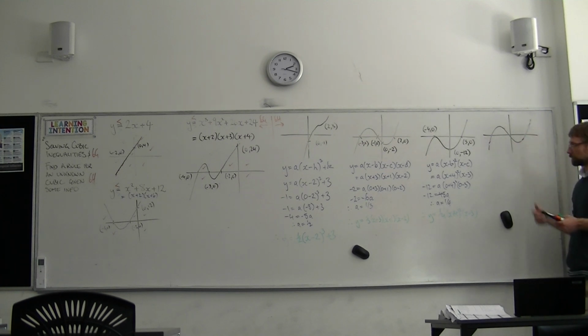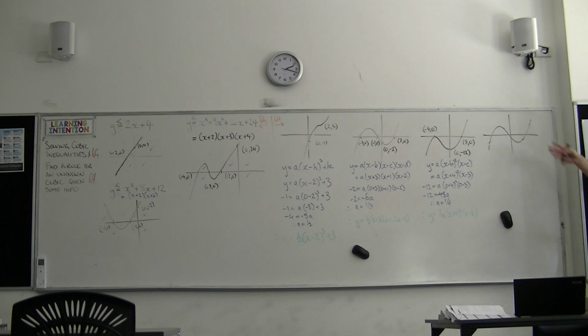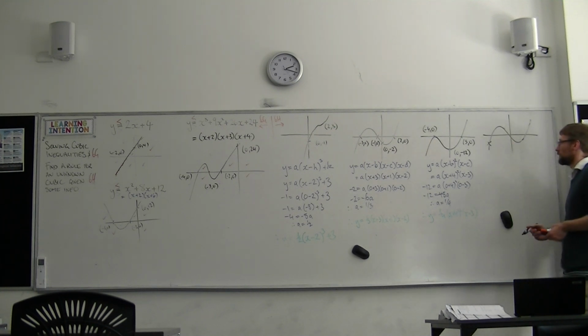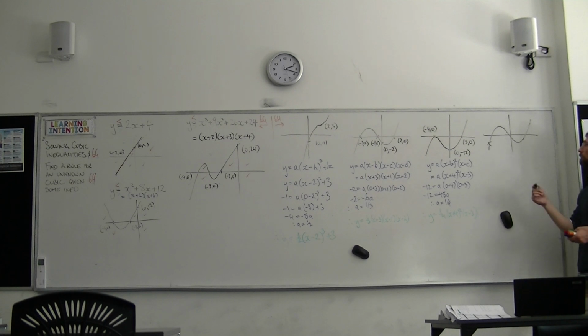Is that sufficient information to tell me what the rule is? Okay, let's say I give you that point. Is that sufficient? No. Okay, I'm going to keep going until you have sufficient information.